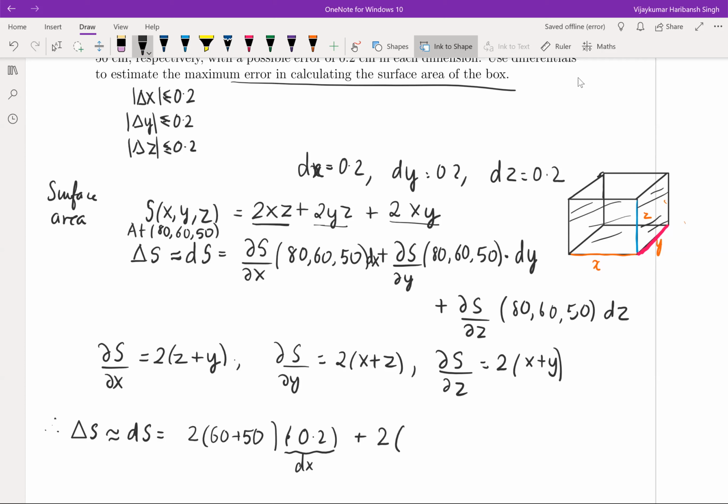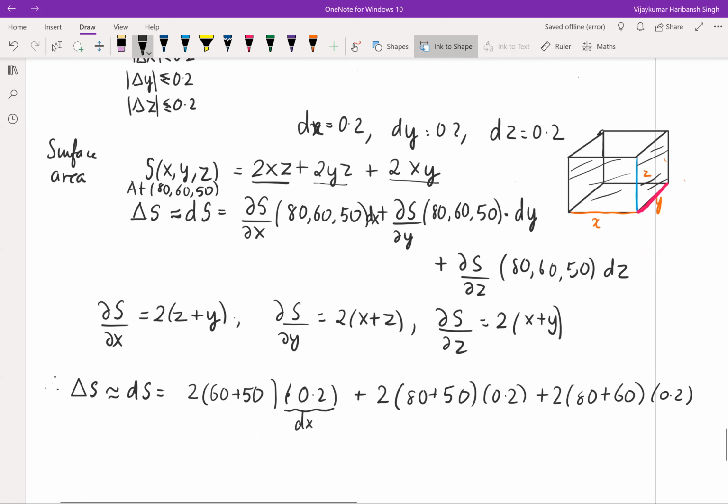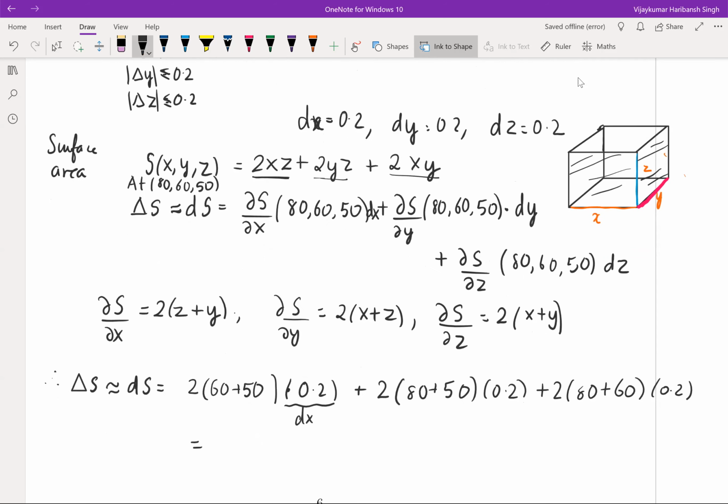Then the next one is going to be 2 times x plus z, 80 plus 50, plus 2 times x plus y, which is 80 plus 60, times 0.2. And if we simplify this, I'll take 2 times 0.2 common out of all of this.